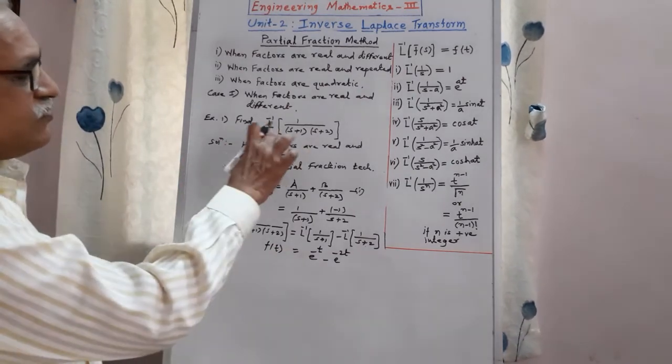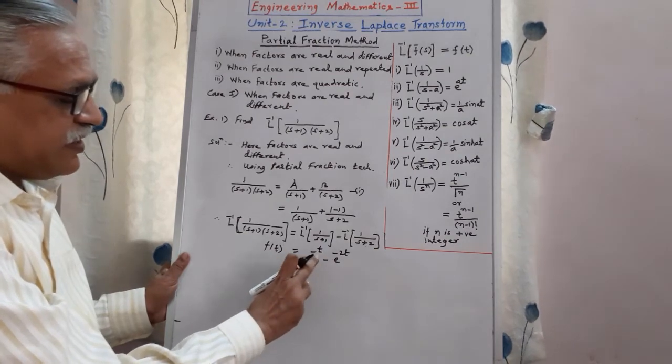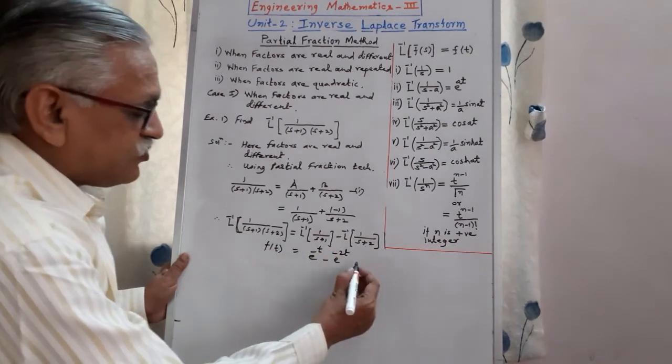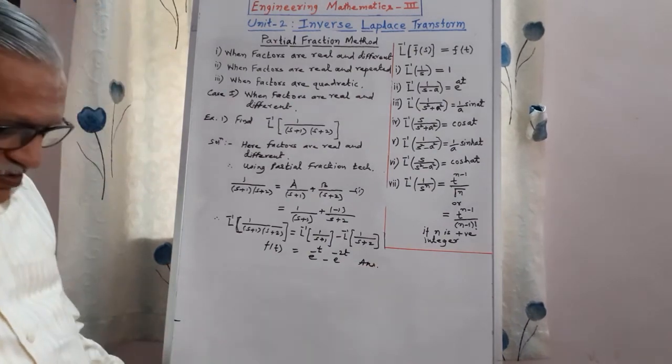Therefore, inverse of this by partial fraction method is e raised to minus t minus e raised to minus 2t as the answer.